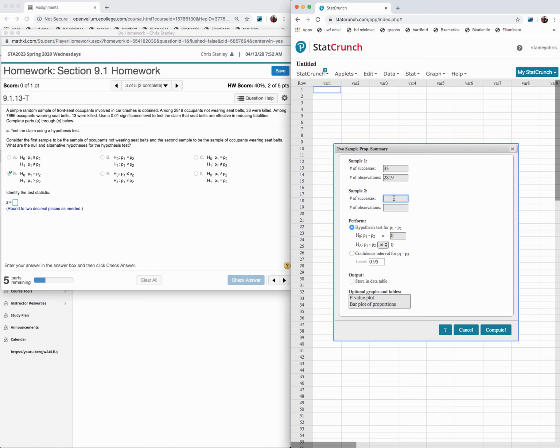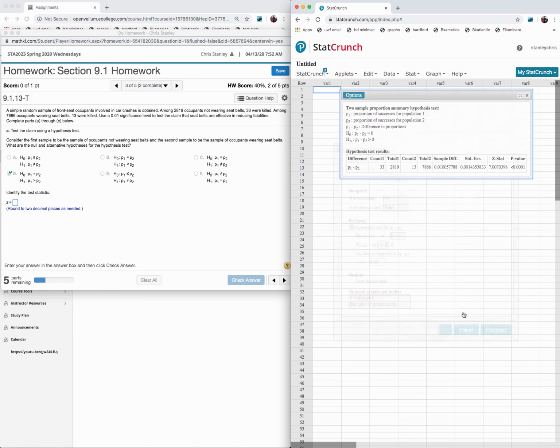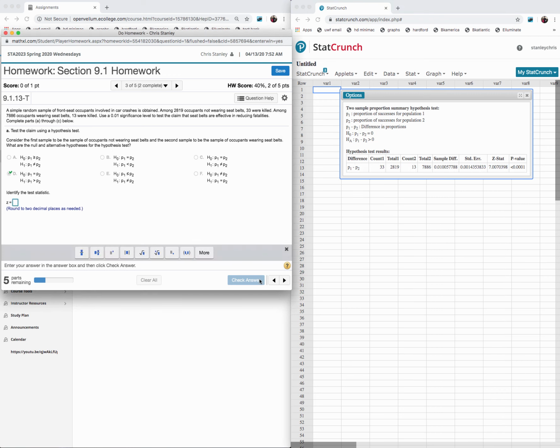And these were the people that were wearing their seatbelts, which was 13 over the 7,886. We want this to be a greater than, and compute. Okay, so we're looking at a z of 7. If you look at those percentages, they were a lot different. That's why we're getting this big z value.